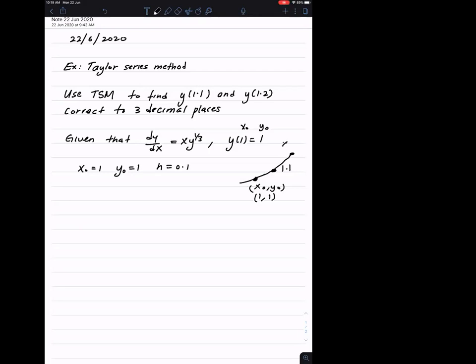You were told to find the y value at 1.1. The next value is 1.2. So the step size from one to the next is 0.1. The next step is also plus 0.1. So that's how we know the step size.